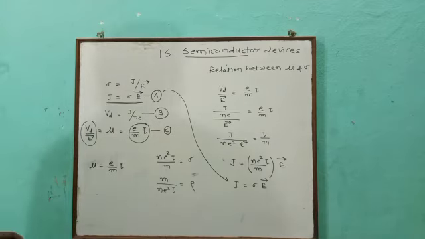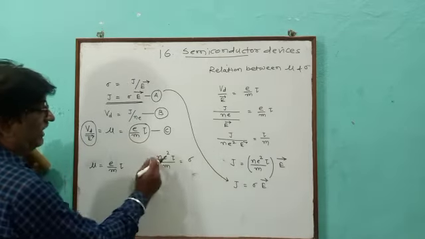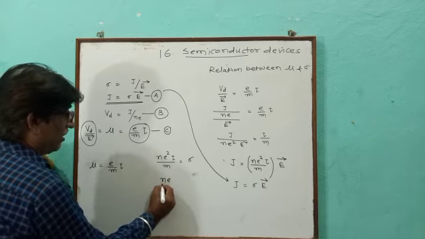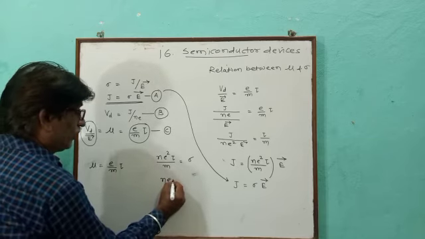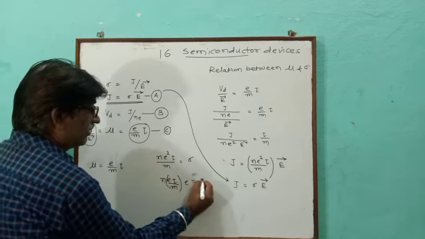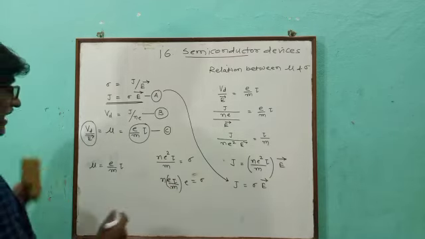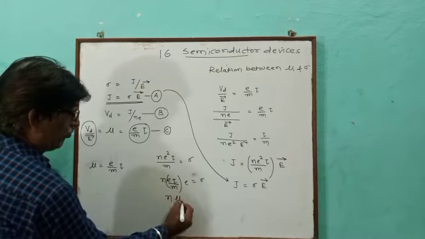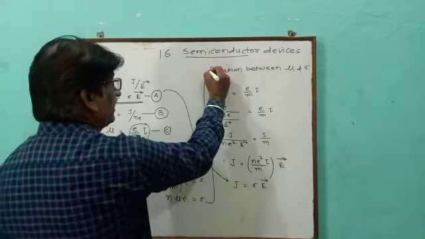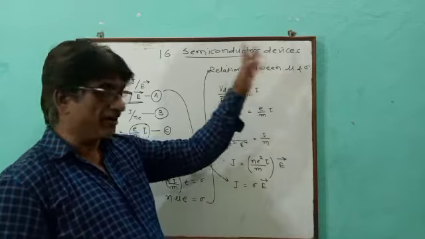If here we change n e square tau upon m, that is equal to sigma, then e tau upon m will be mu, so n mu e is equal to sigma, and that gives the relation between the mobility of a charge carrier and conductivity.